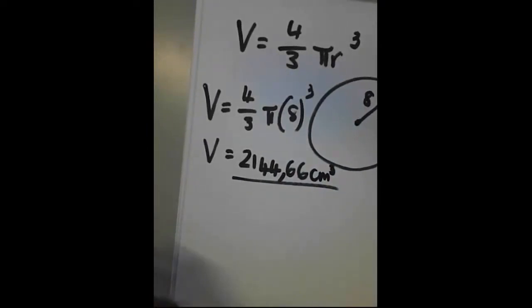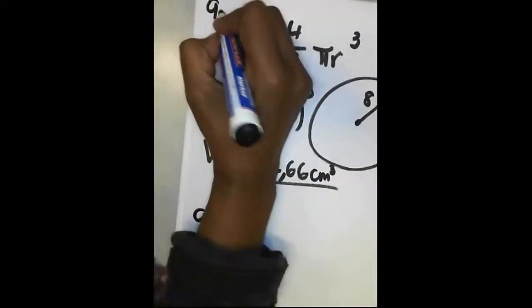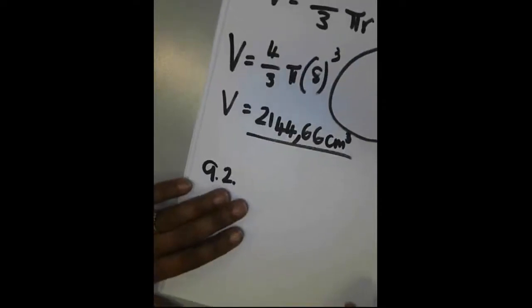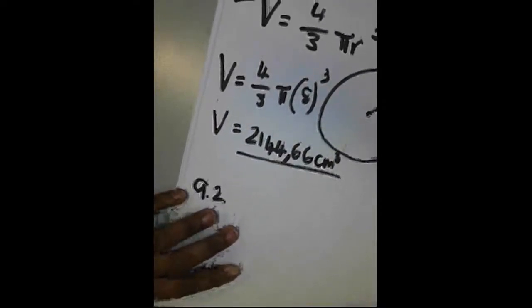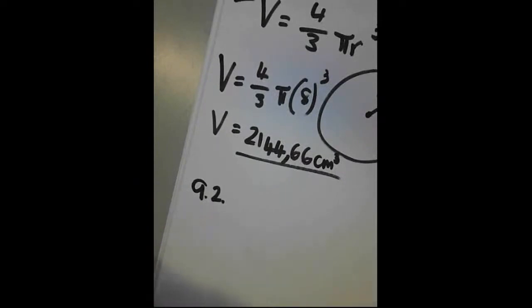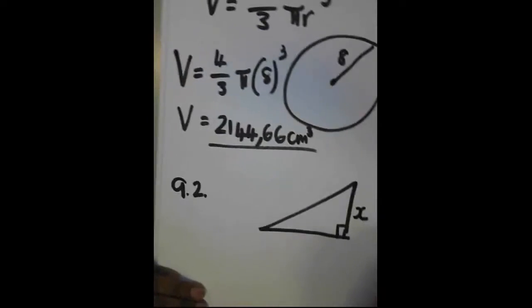All right. Number 9.2, they asked me to show that the radius squared is equal to 64 minus x squared. Now, can I find the radius? Let's have a look at my sketch very carefully. I've got a little right angle triangle where the length here is x.